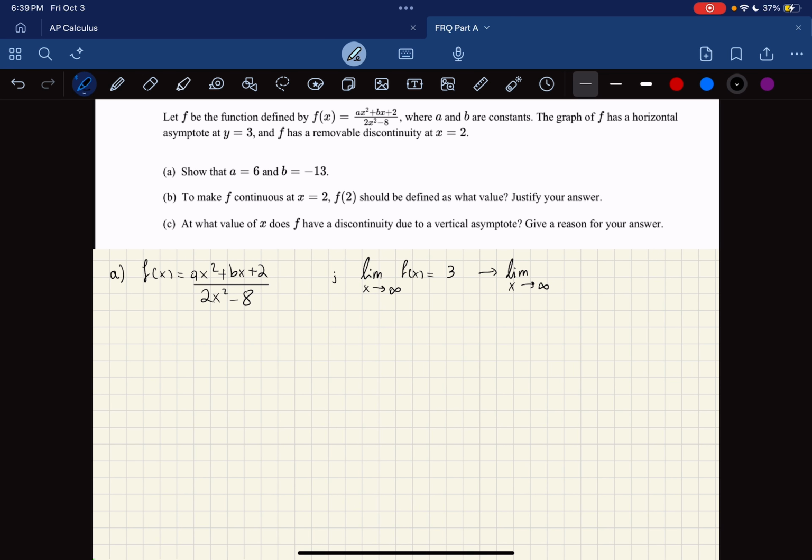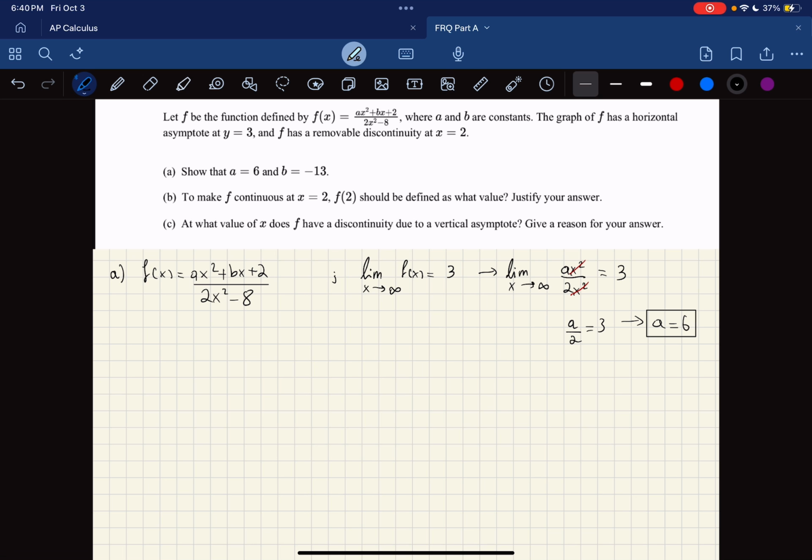Because when you're going to infinity, ax squared and 2x squared are substantially bigger than anything else in the whole function. So ax squared over 2x squared is supposed to be equal to 3. By simplifying x squared from both sides, I find out that a over 2 is equal to 3, which means that a is equal to 6.